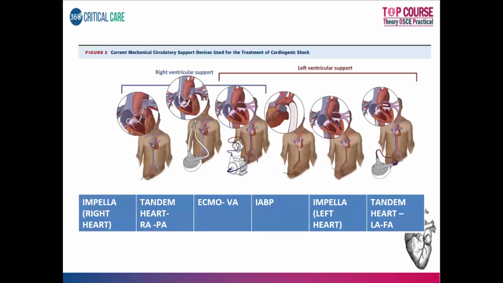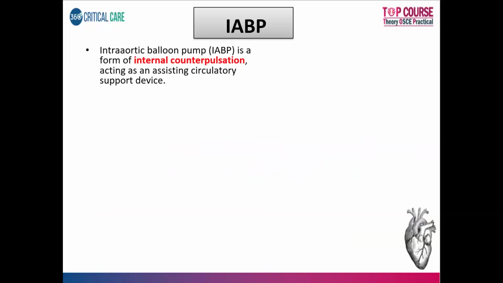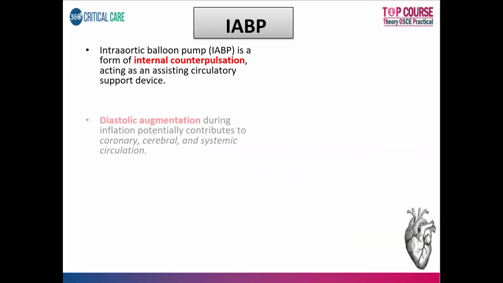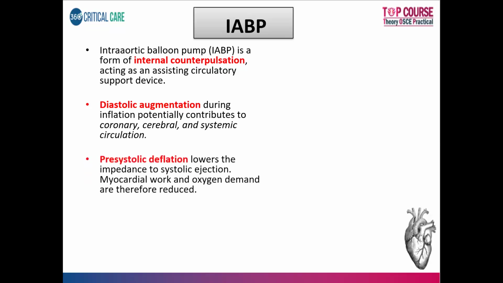So again, coming to IABP, IABP is a form of internal counterpulsation, an assisted circulatory support device. It causes diastolic augmentation during inflation, potentially contributing to the coronary, cerebral, and systemic circulation.